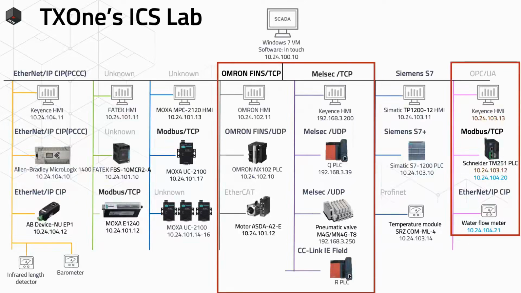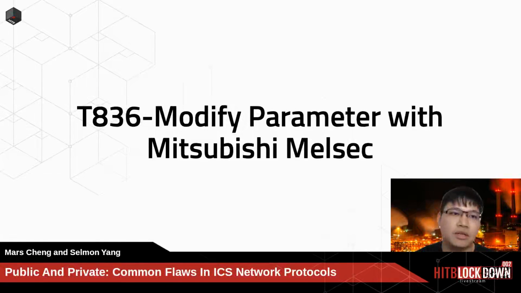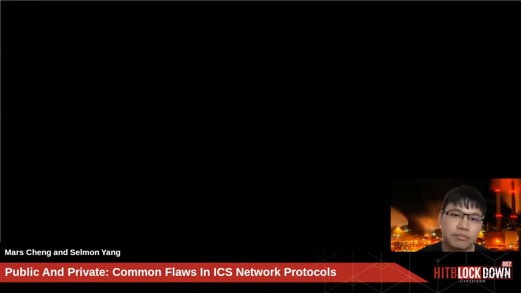Our demo will demonstrate reference devices, focusing on Omron, Modbus TCP, and Mitsubishi MELSEC. The first demo will demonstrate A36, modified parameter with the Mitsubishi MELSEC protocol. Here we show the video demo.